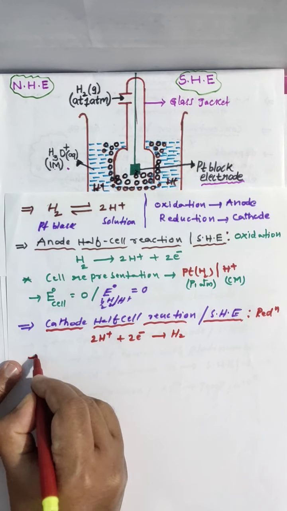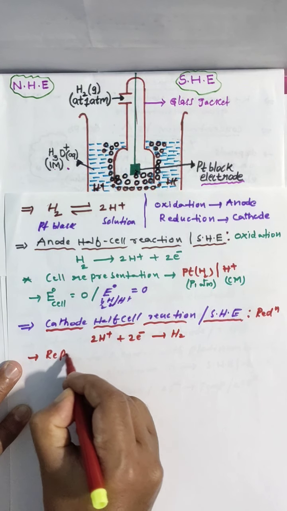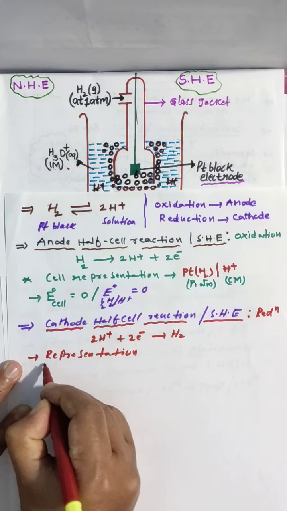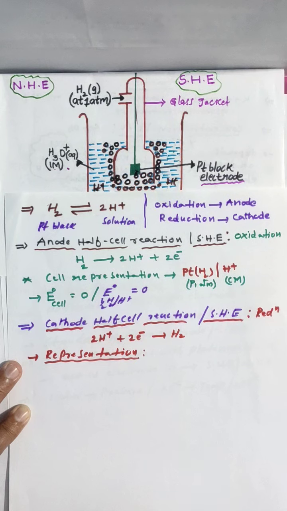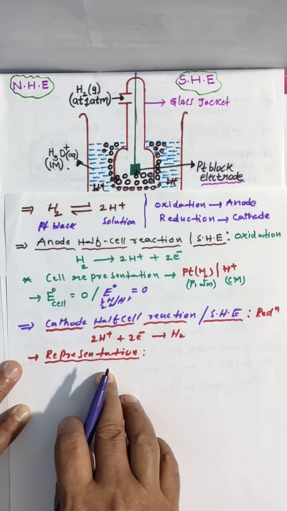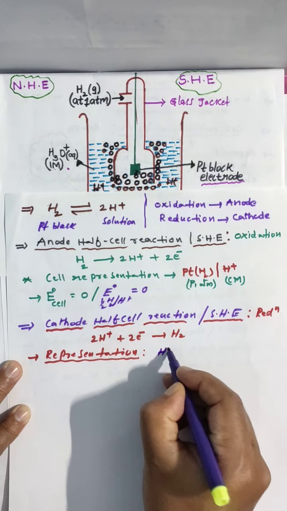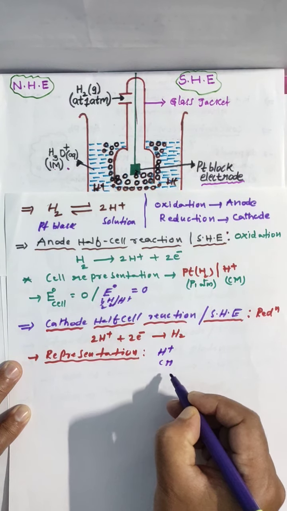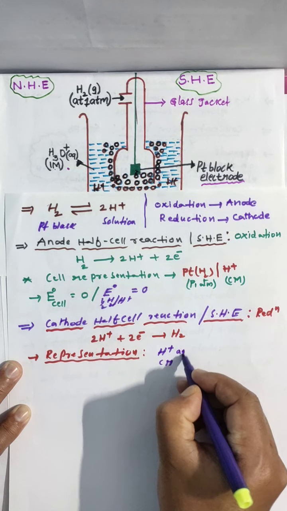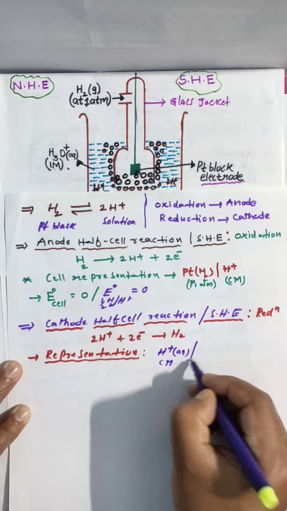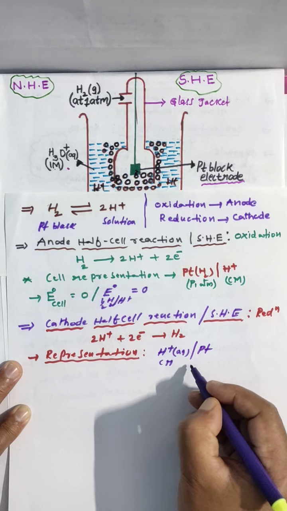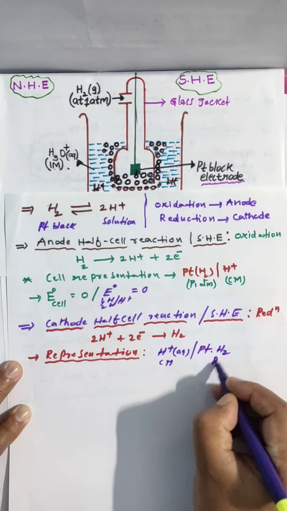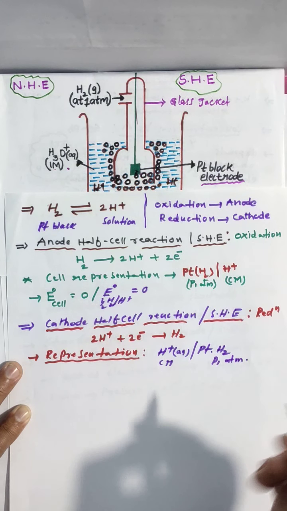Cell representation is very important here. How to represent this half cell? H plus ions with C molar concentration, aqueous, bar platinum electrode, hydrogen gas with P1 atm pressure.